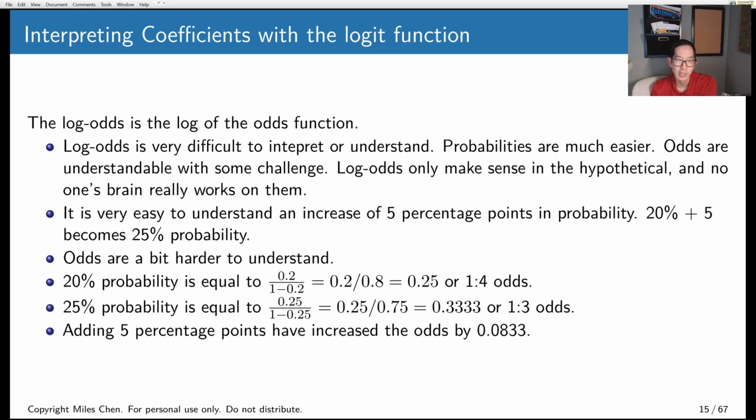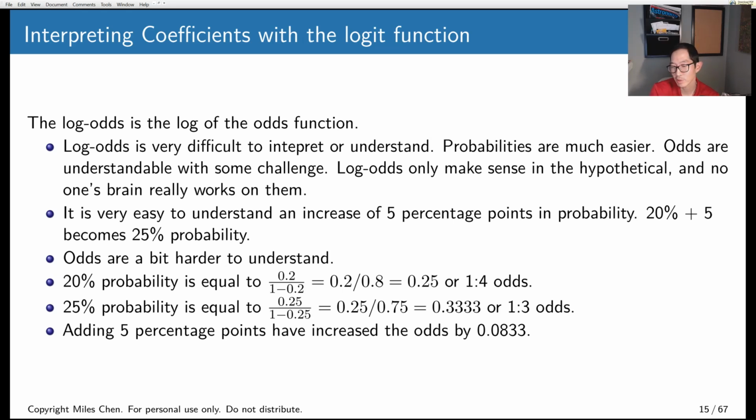Log odds really only makes sense in this hypothetical, talking-about-it situation. I would say no one's brain really thinks in log odds, but I might be able to talk about odds. I think understanding a 5 percentage point change in probability is easy to understand.